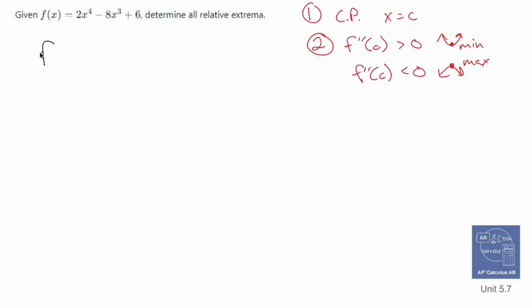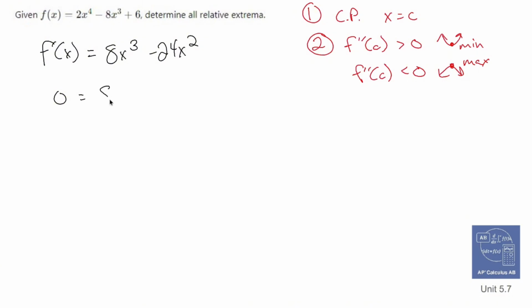f prime of x equals, actually it's going to be 8, sorry, 8x to the third minus 24x squared plus nothing. Let's set that equal to 0 to find our critical points.